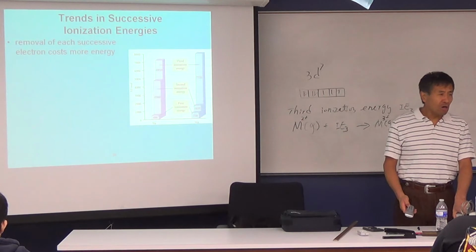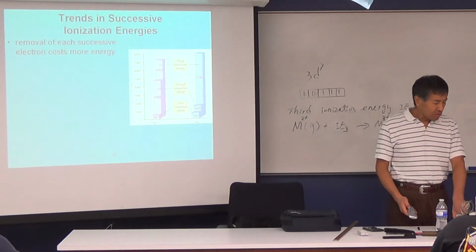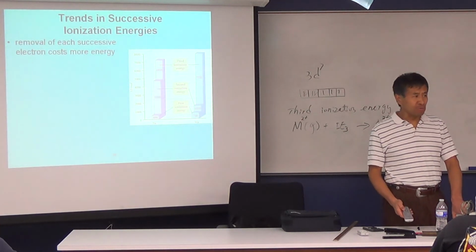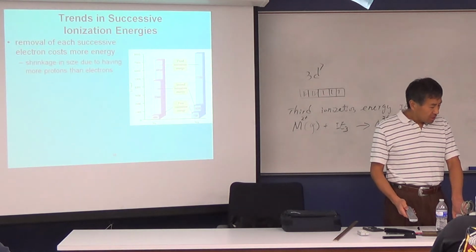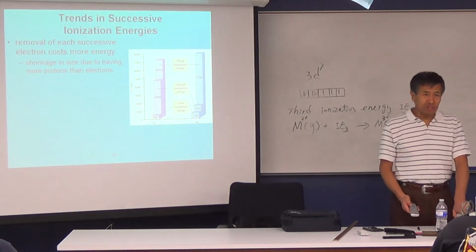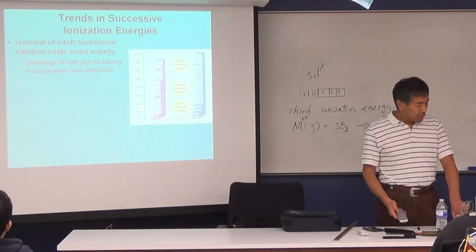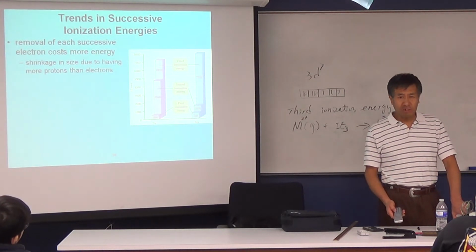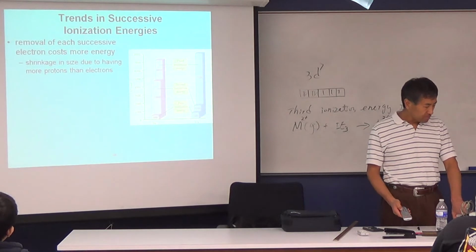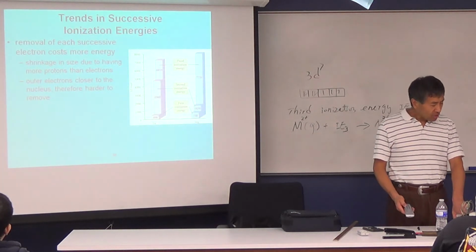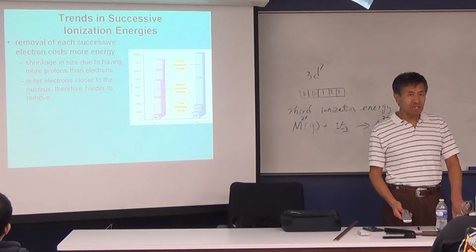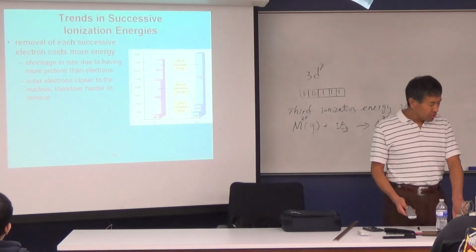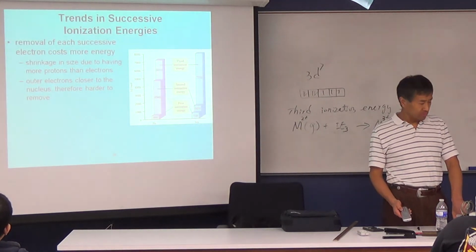So removing each electron becomes harder and harder. That is because of the shrink in size, because you have more protons than electrons, and more attraction. And that's also because all the electrons are getting closer to the nucleus, so therefore it's harder to remove.